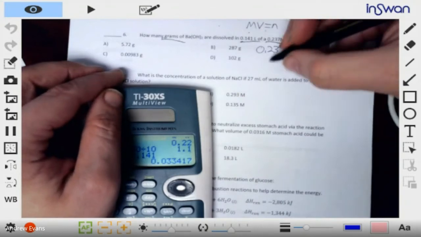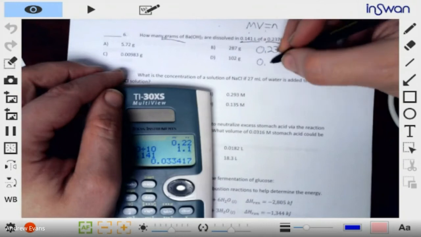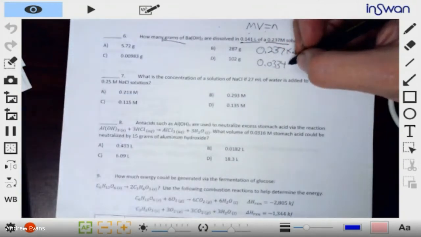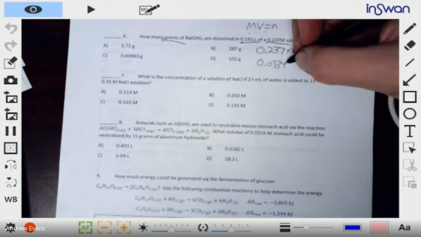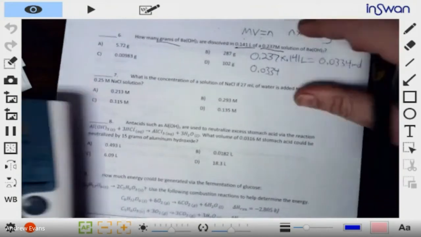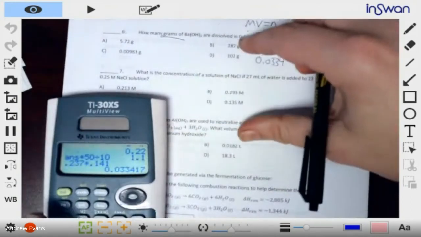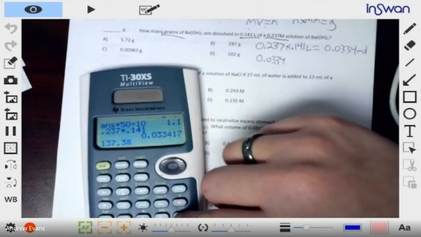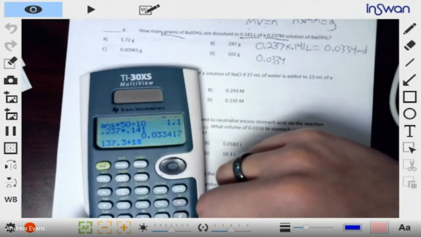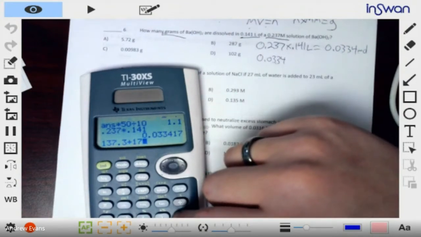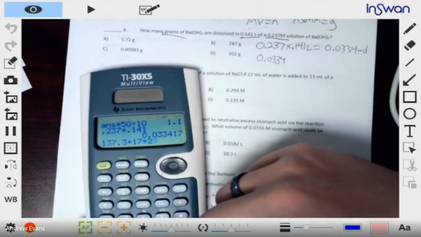Now we have to use our molar mass. Barium is 137.3. And each hydroxide is 17, because it's one oxygen at 16 and one hydrogen at 1.